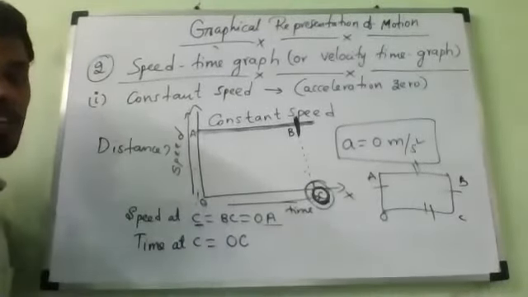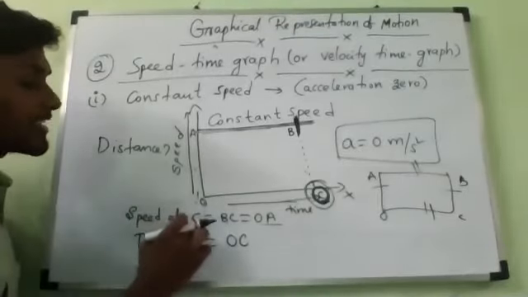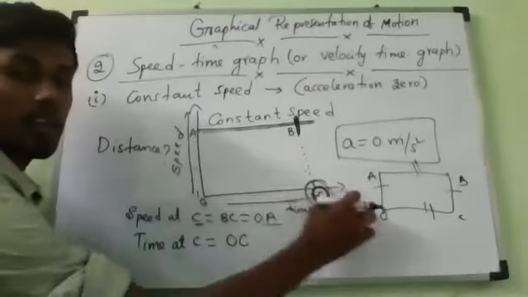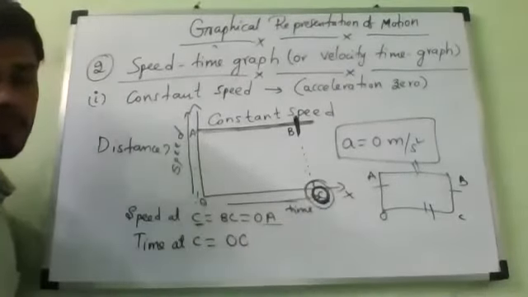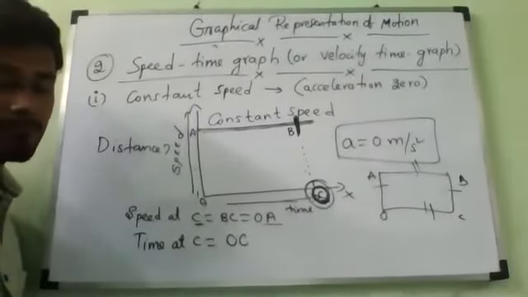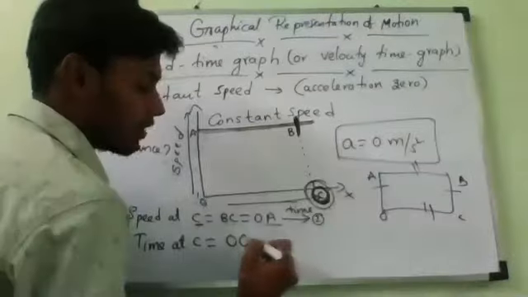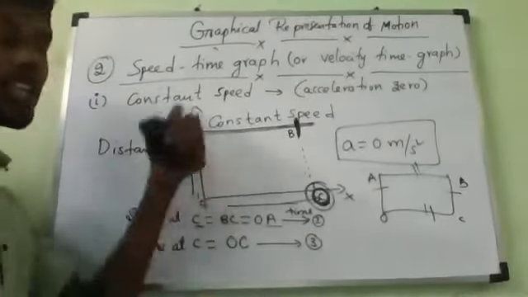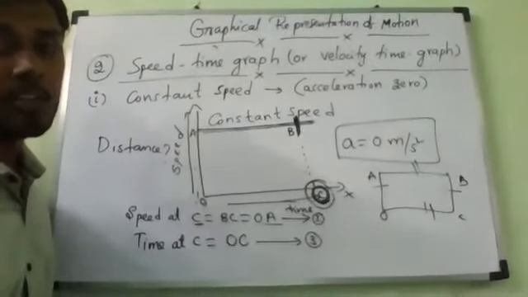Speed at C is equal to OA. Time at C is equal to what? OC. Is it yes or no? So let me imagine this is equation 2 and this is equation 3. Now substitute these in equation 1. What is equation 1?